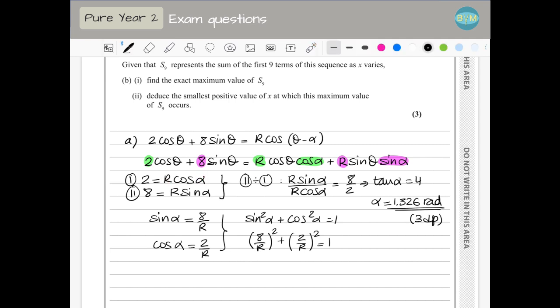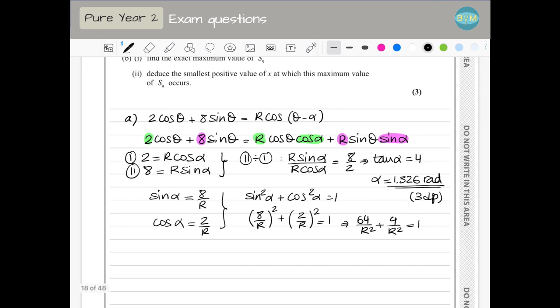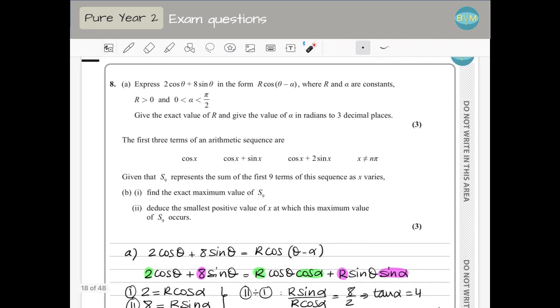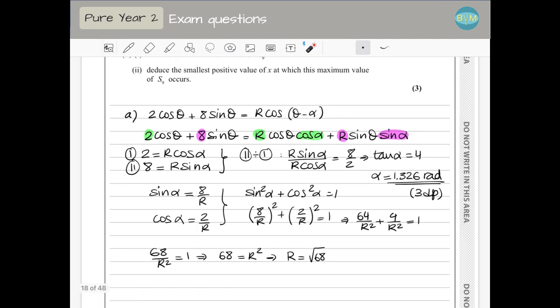So this equation is 64 divided by r squared plus 4 divided by r squared equals 1. So 68 divided by r squared is 1, which means 68 is r squared, which means r is plus or minus root 68. But remember, they say r is positive, so I'm going to pick only the positive value.